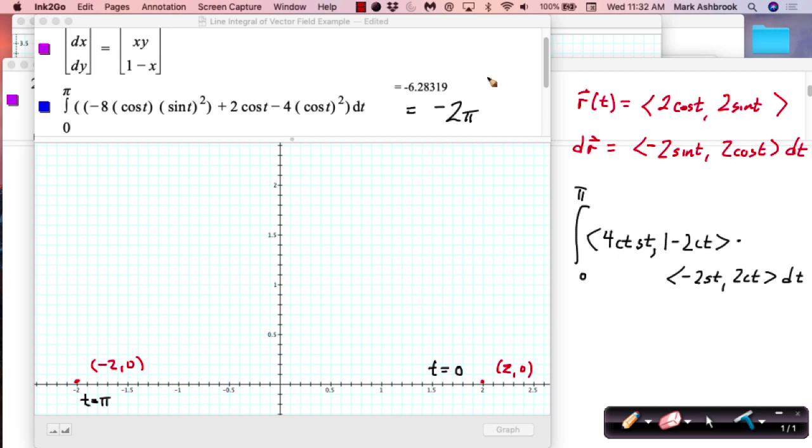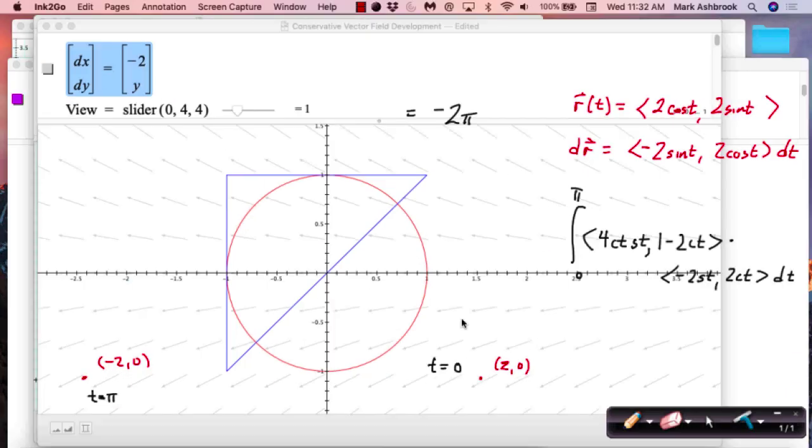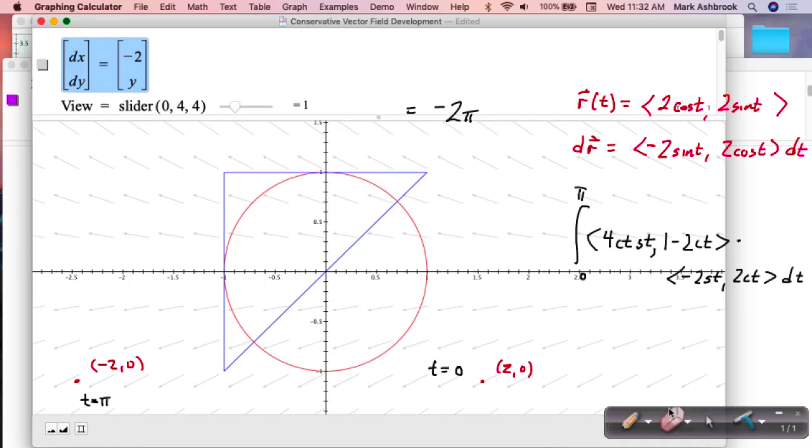So let me just set up what you'll do in recitation tomorrow. So we're going to do some what's called circulation line integrals. A circulation line integral is where you make a circuit and you start and stop at the same place.